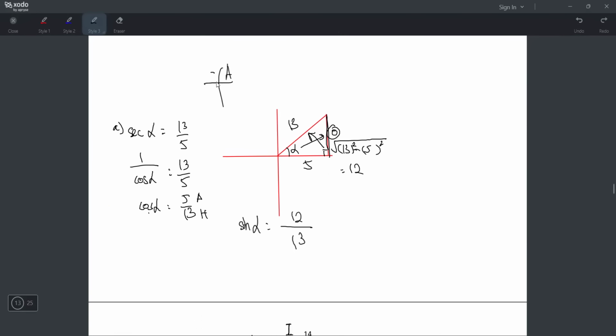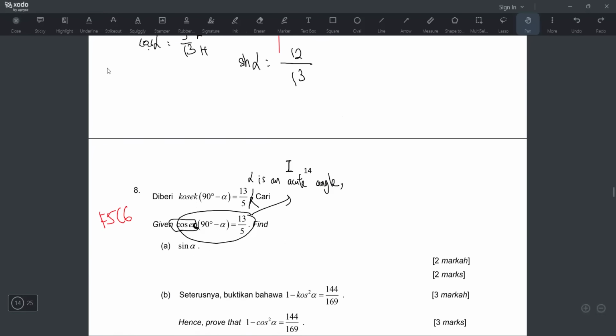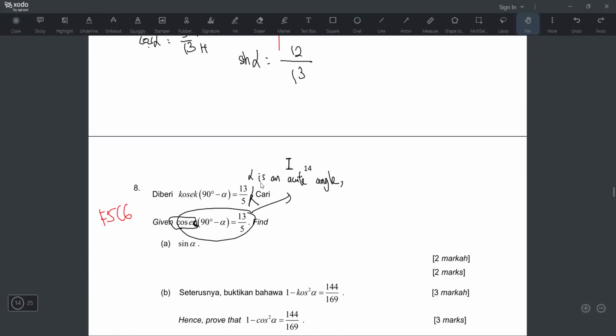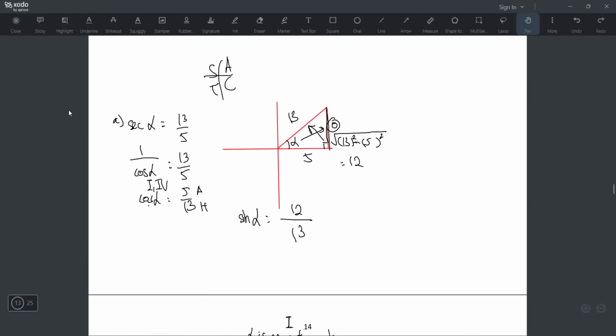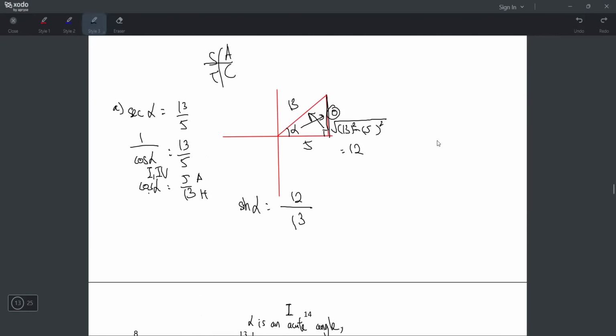Add sugar to coffee, the first quadrant is all positive. Okay, now imagine if your alpha is in quadrant 4. Because cos positive can be quadrant 1 or quadrant 4. Now imagine if it's quadrant 4. That means my cross has to be here already, and my angle alpha will be here. But the reference angle for this will be inside.